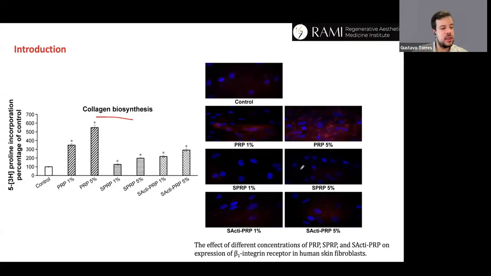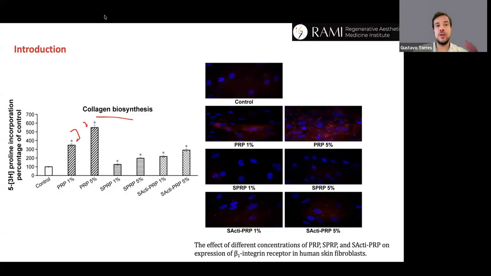So obviously this implies that the proteins these cells produce, such as collagen, we are just marking collagen here, but obviously there are other proteins being produced. They become higher as we increase the amount of PRP, and this applies to all the types of PRP in the paper.